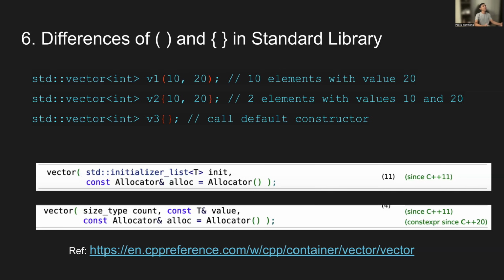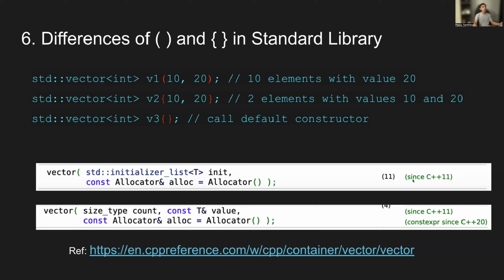So let's look at different cases. The vector v3, with the empty constructor as usual, is the default constructor. On the bottom part, I took a snapshot from the website, CPP reference, of the standard library.